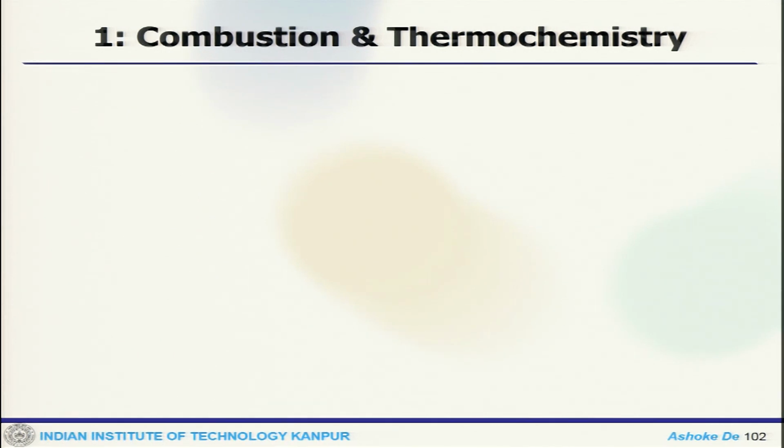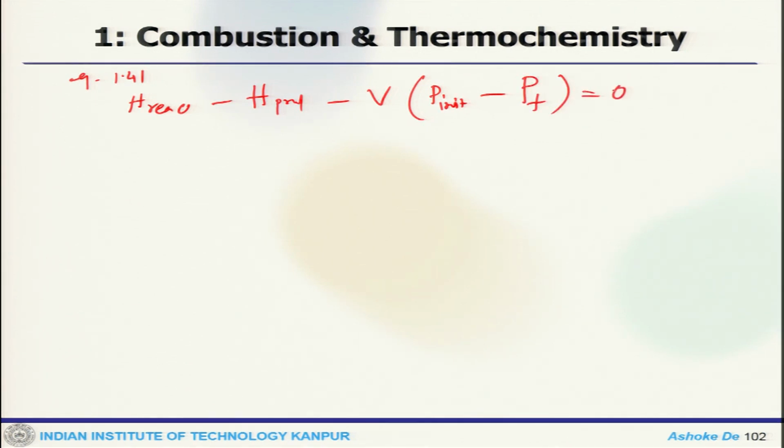Now, from equation 1.41, we can write H reactant minus H product minus V times (P initial minus P final) would be 0.